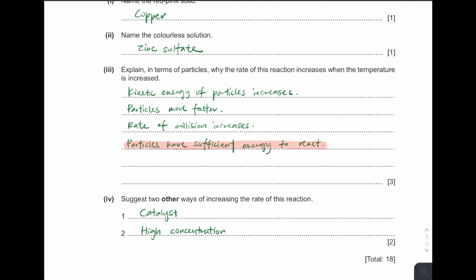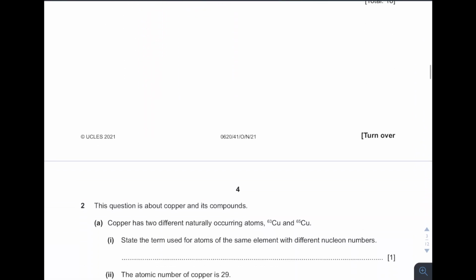Okay, what else? We can also use a solid with smaller particle size. Okay, remember powder form is better. Why? Okay, because of the greater total surface area. Okay, so next one.